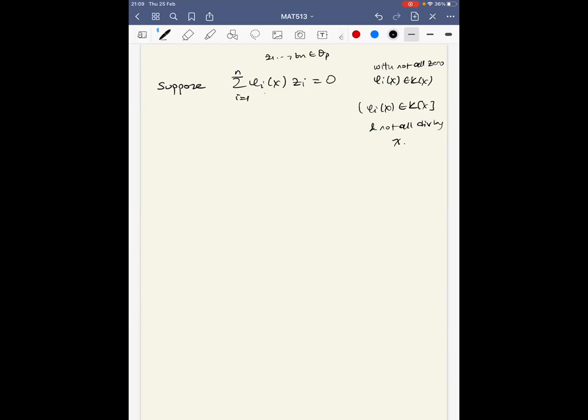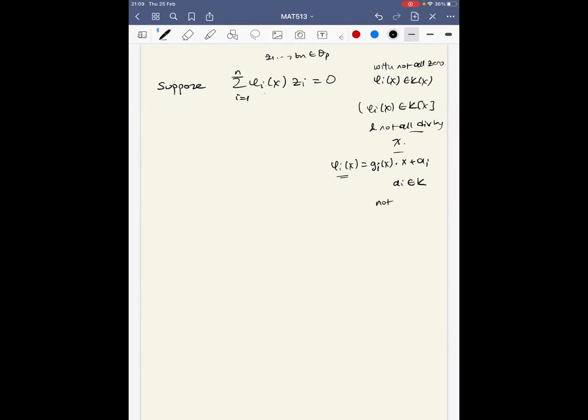This was the trick we used before. We write these coefficients as polynomials g_i of x times x plus a_i.